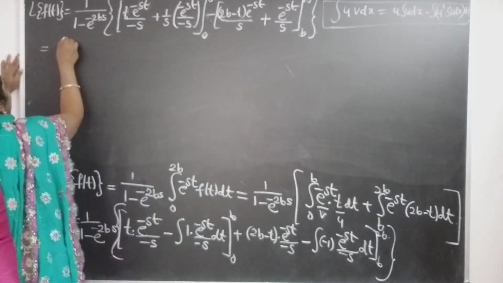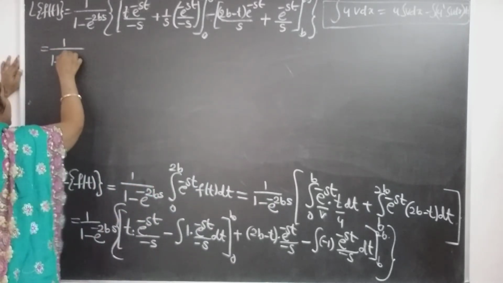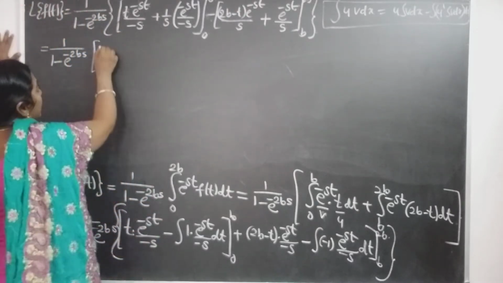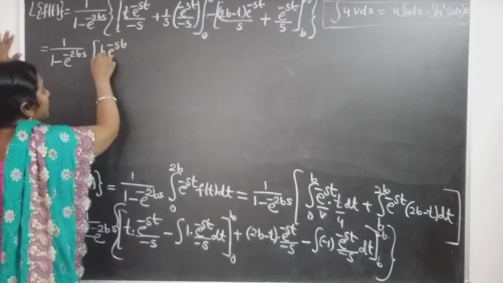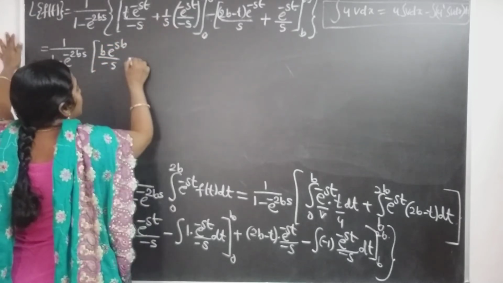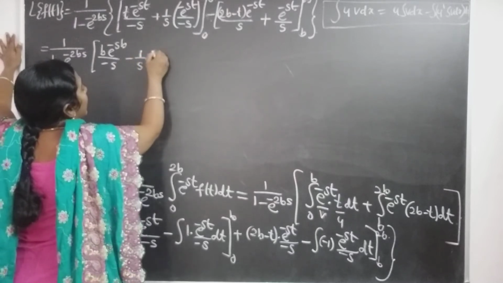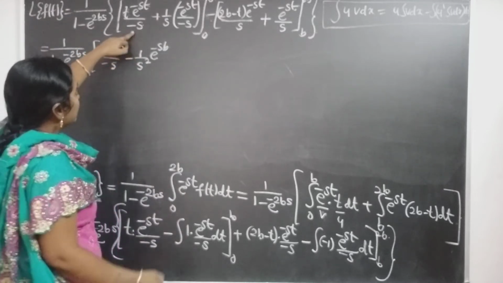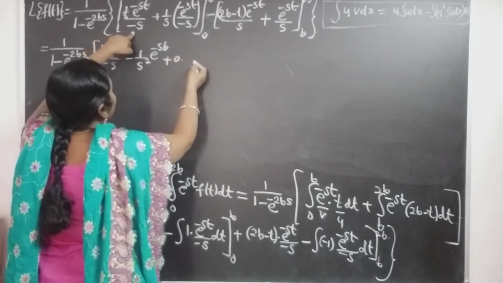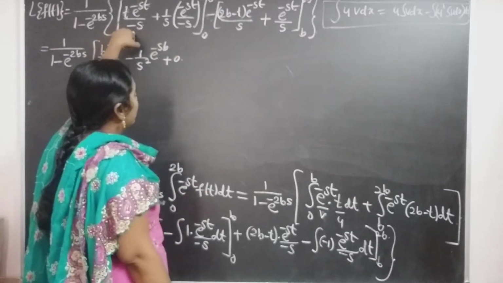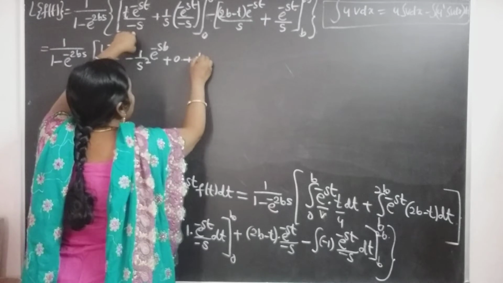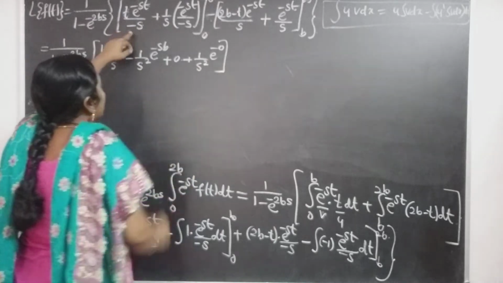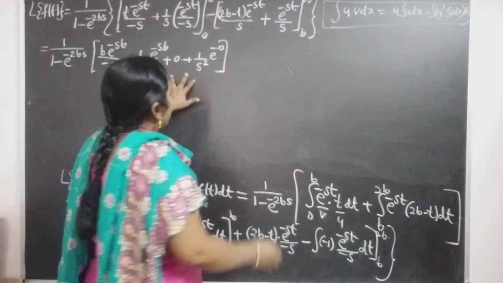Now applying the upper limit and lower limit. 1 by 1 minus e power minus 2bs. Here the upper limit is b: b e power minus sb by minus s. Here minus 1 by s square e power minus sb. Again minus into minus plus 0 into e power minus s0, that is 0, minus into minus plus 1 by s square e power minus 0. Two upper limits, two lower limits.